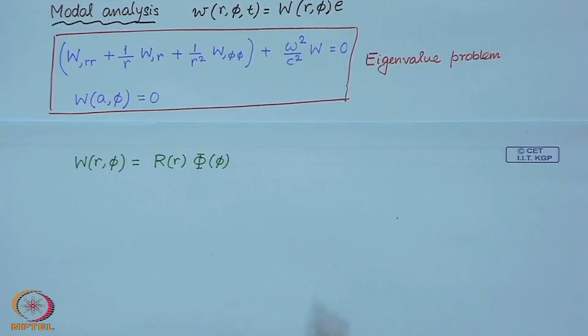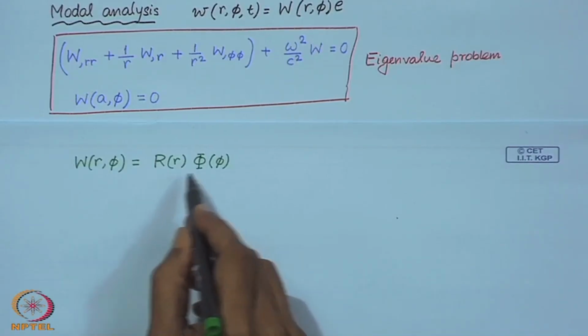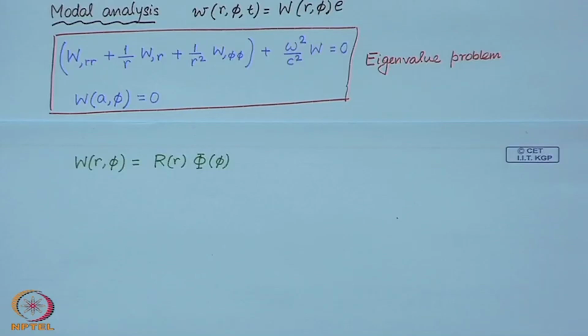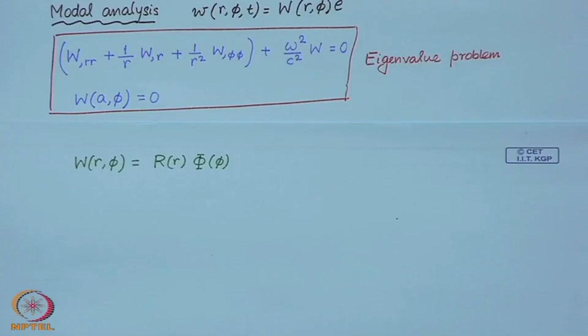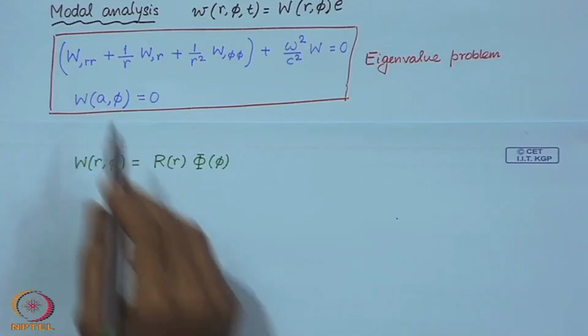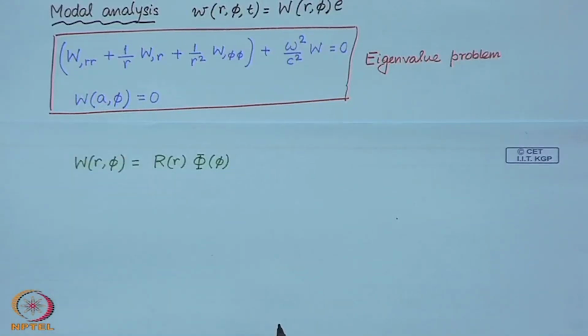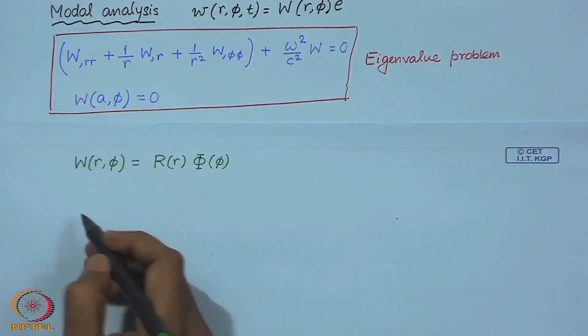This is motivated by the fact that these are independent coordinates, so they can be separated out. If we are searching for solutions with this structure, let us see what happens when we substitute this in here.